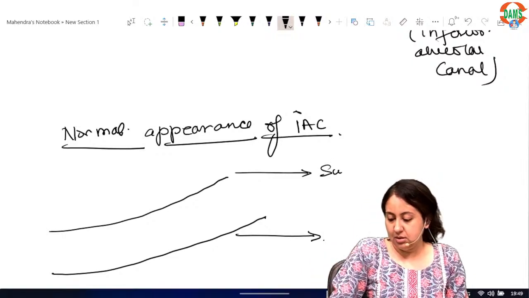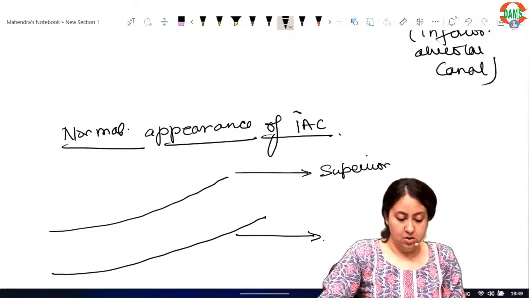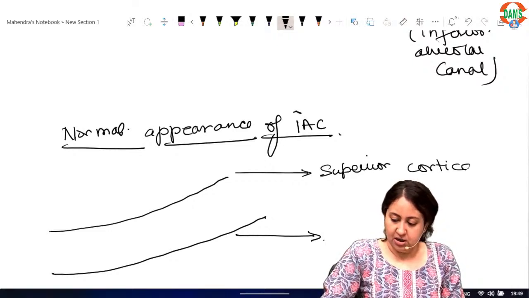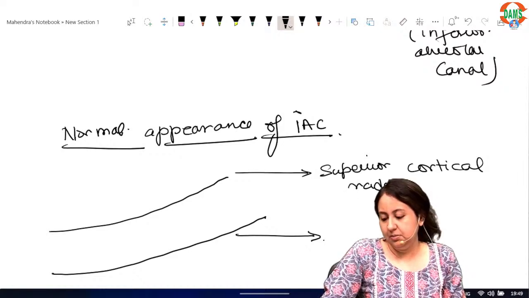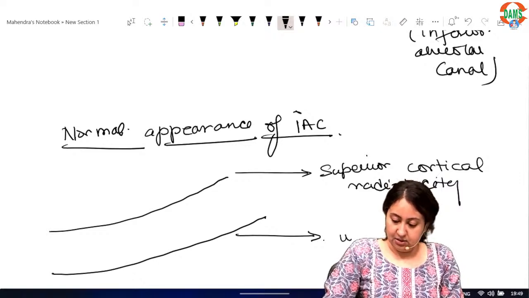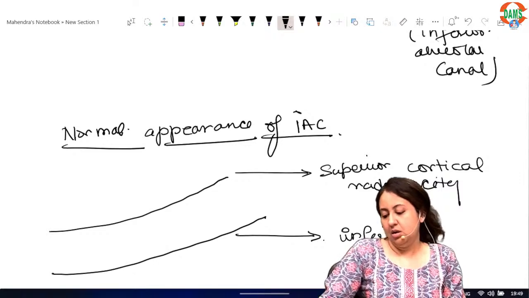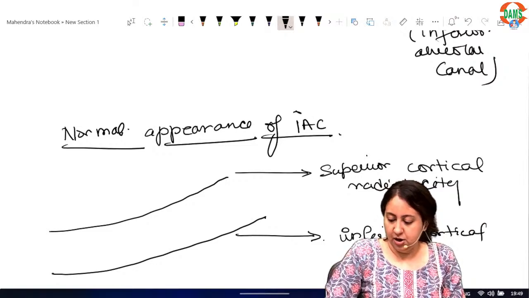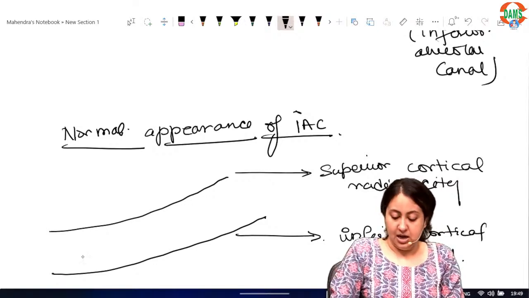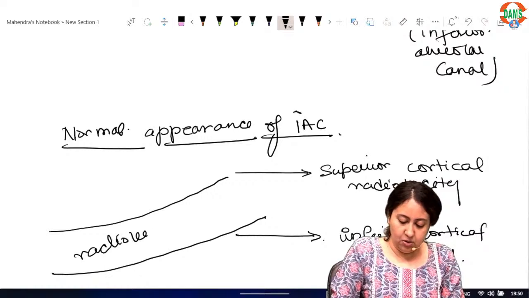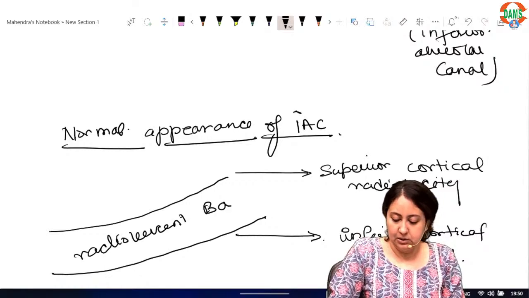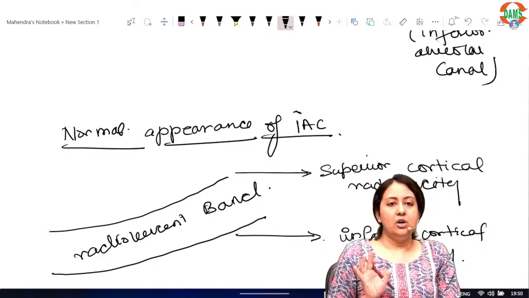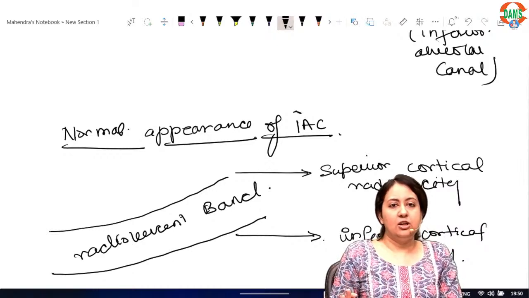So this is the superior cortical radiopacity. All right, and this is the inferior cortical radiopacity. All right, and this is the radiolucent band. This is how your normal inferior alveolar canal looks.